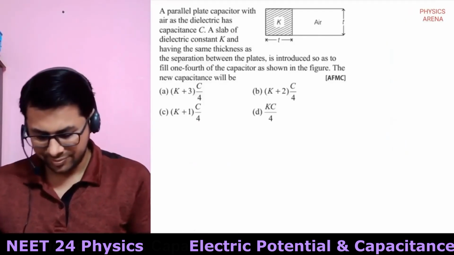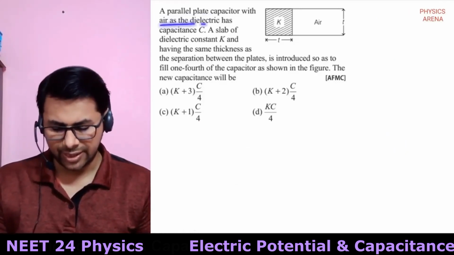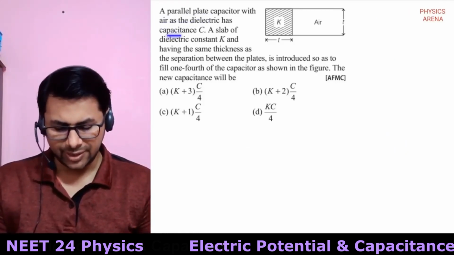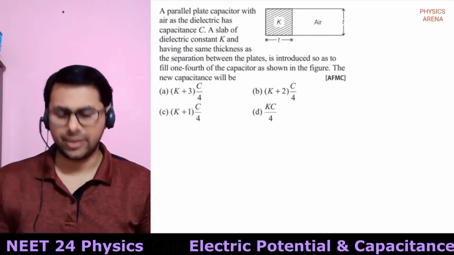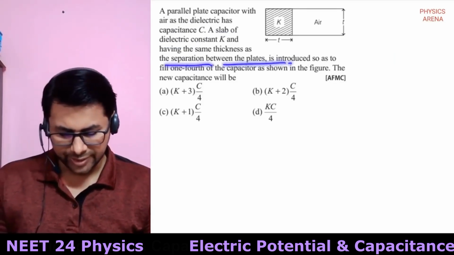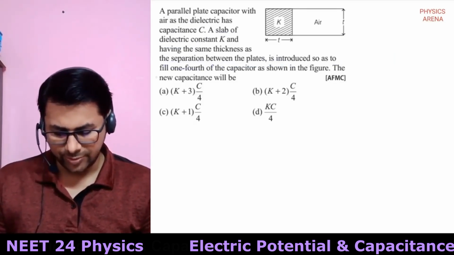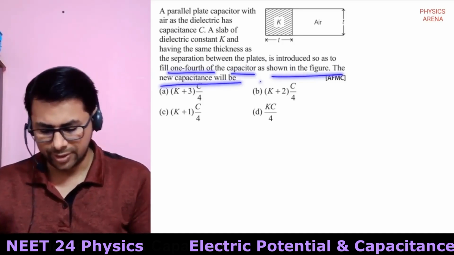Let's see. Here you have a parallel plate capacitor with air as a dielectric, which has capacitance C. A slab of dielectric constant K, having the same thickness as the separation between plates, is introduced so as to fill 1/4 of the capacitor as shown in the figure. The new capacitance will be?